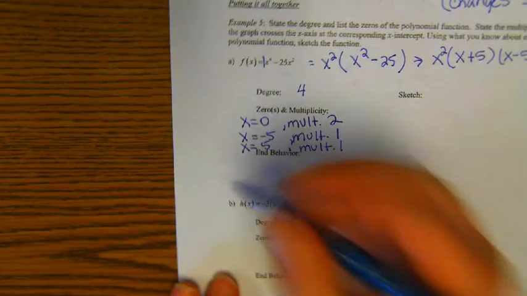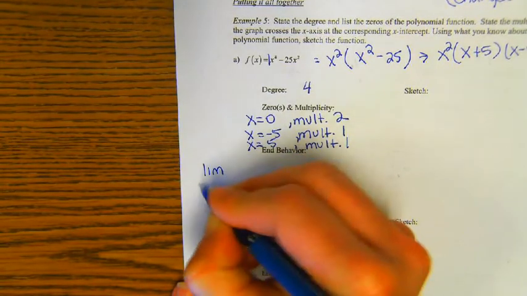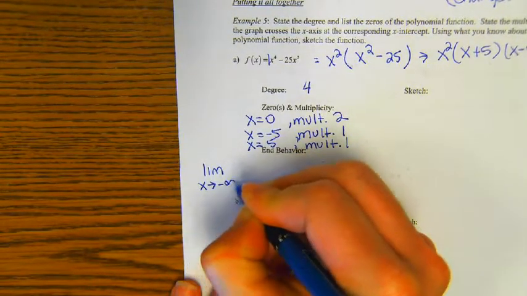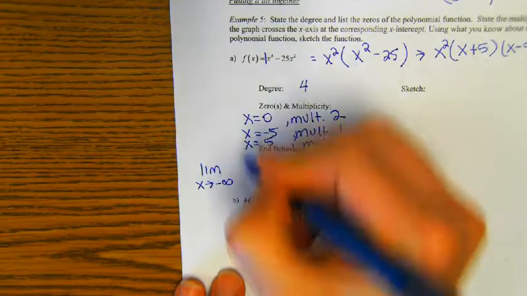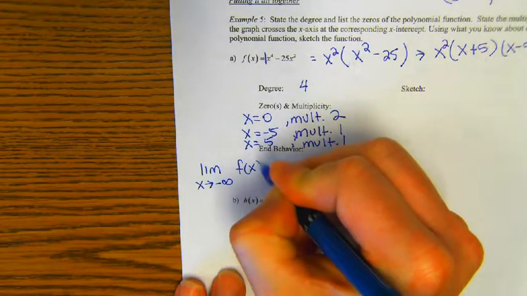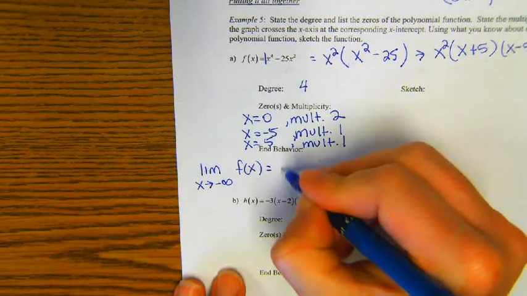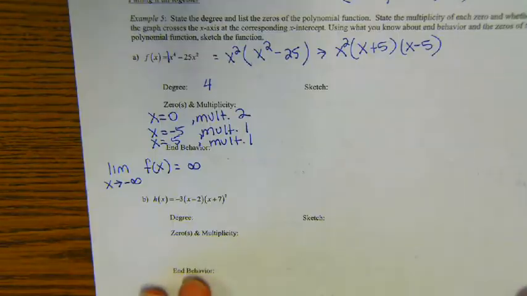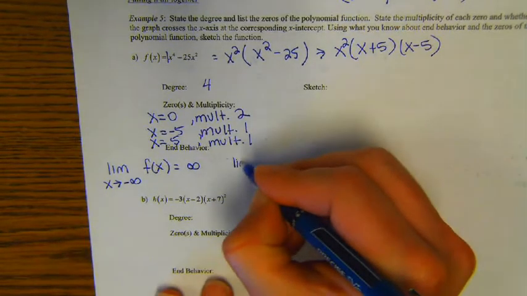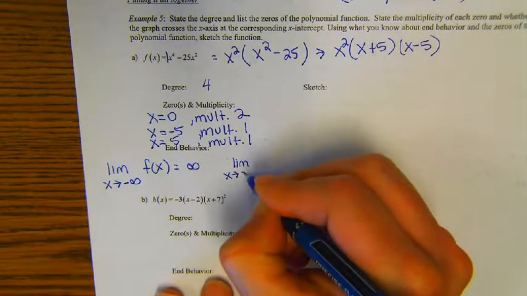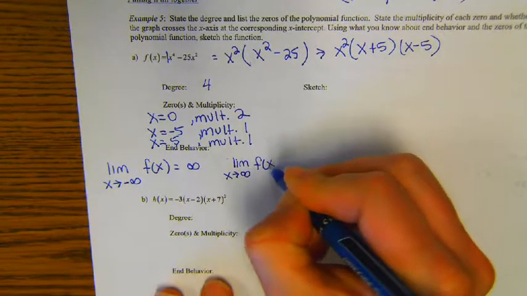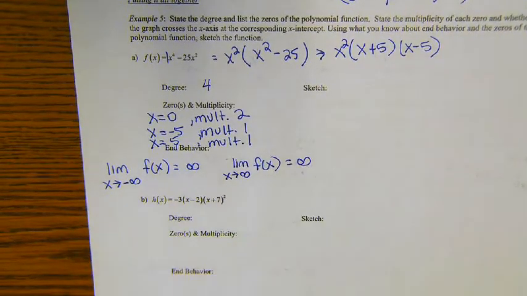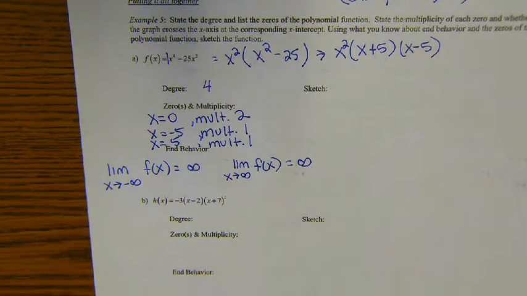So the way I would write that, we should practice this: the limit as x goes to negative infinity of f of x equals infinity, and the limit as x goes to infinity of f of x equals infinity. They're both infinity. They're both going up, in both directions.